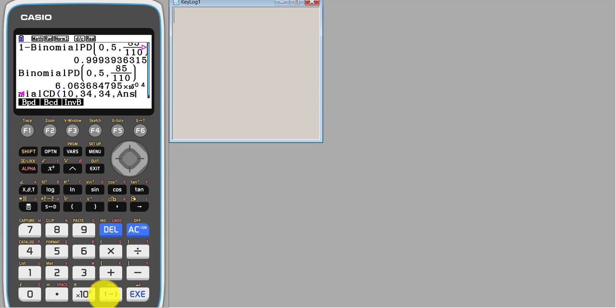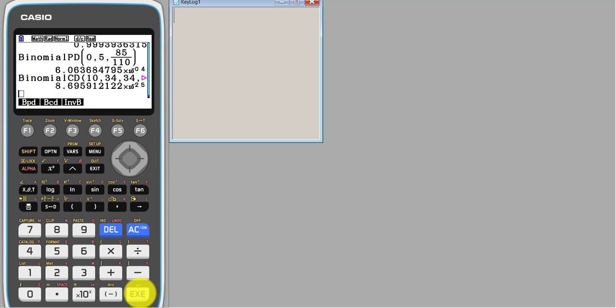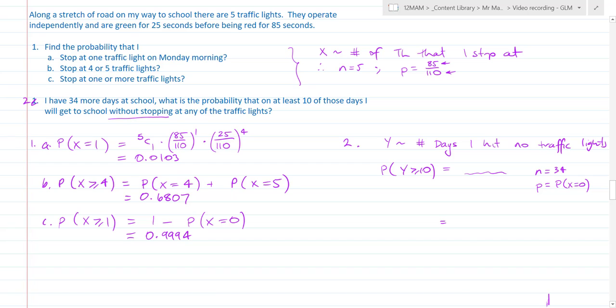So I go shift answer, close brackets, and that gives me a really small number, let's say 8.696 times 10 to the negative 25, which indicates a fairly poorly designed question, but it's telling me that it's massively unlikely that I will get away with 10 or more days of not stopping at a traffic light, because that 10 to the negative 25 means essentially there's 24 zeros in front of here before the decimal point, so massively unlikely.